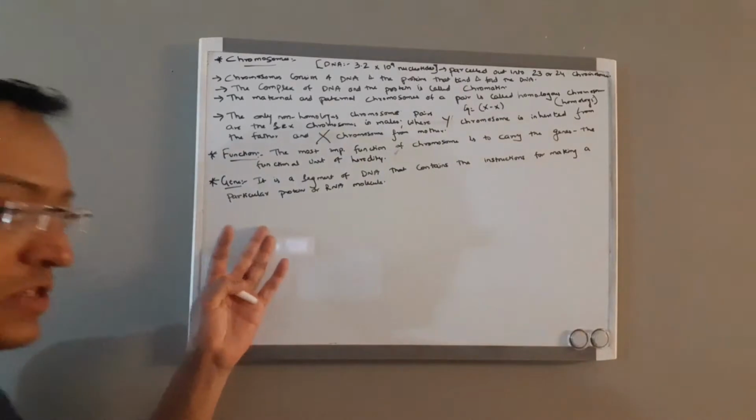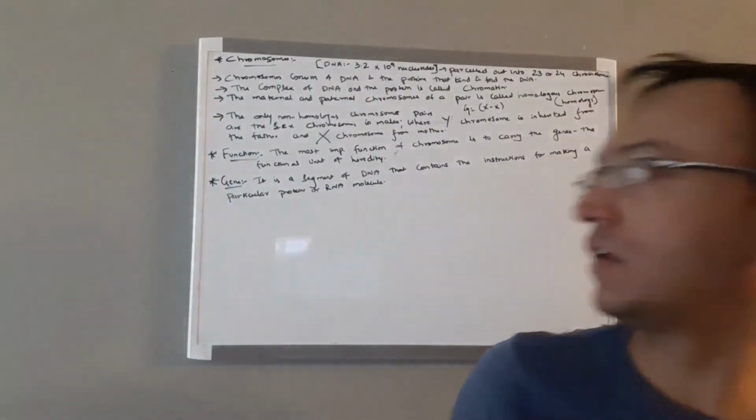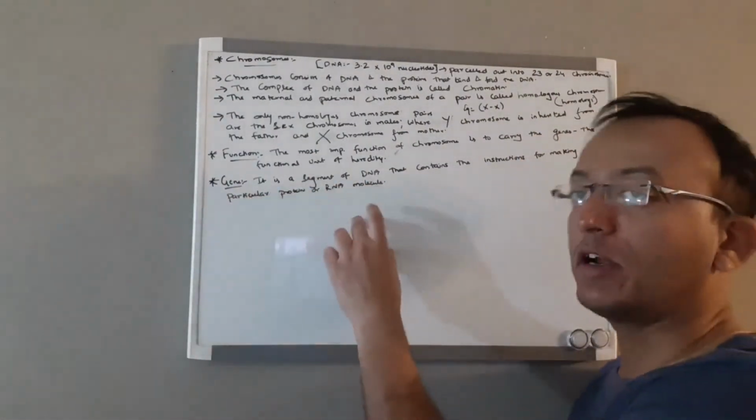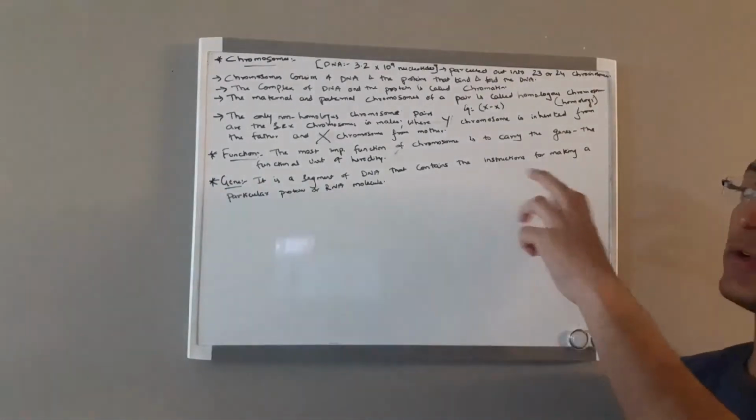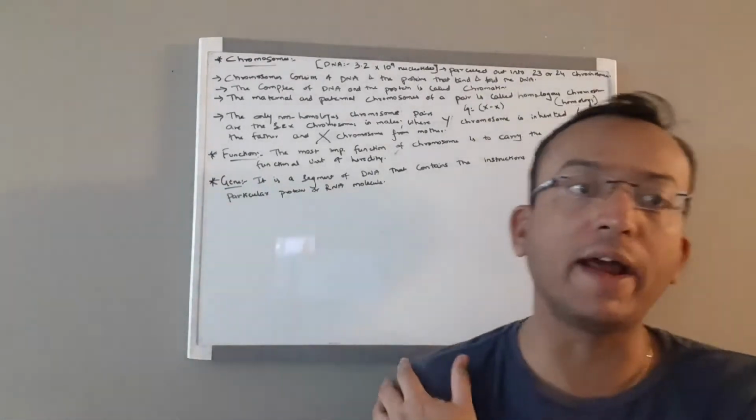So this is the definition of a gene: a segment of DNA that contains the instruction for making a particular protein or an RNA molecule.